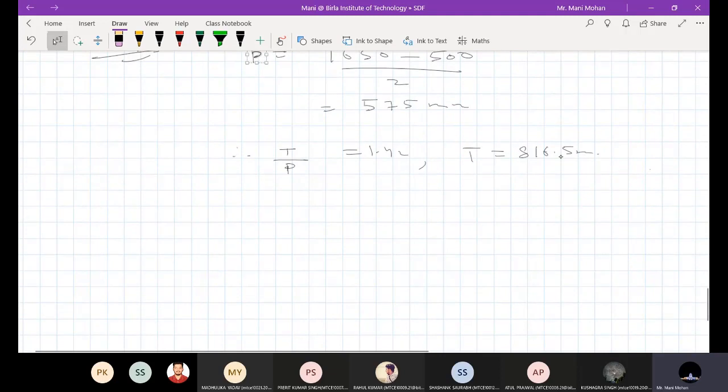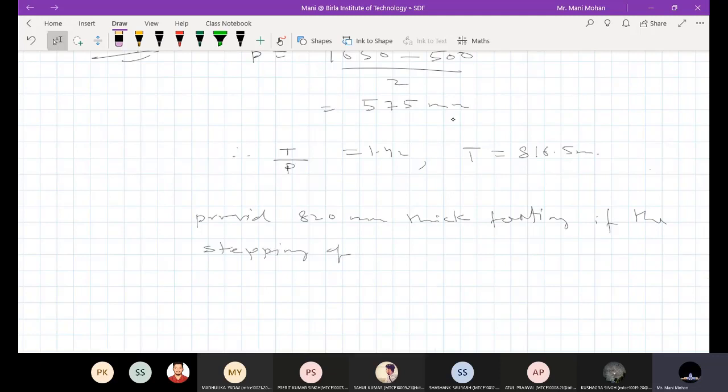Okay, so you can say that provide 820 mm thick footing if the stepping of brickwork is 500.